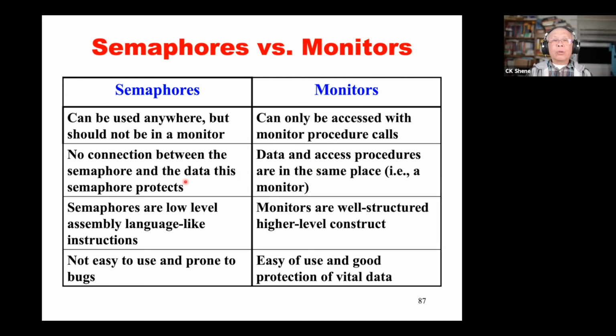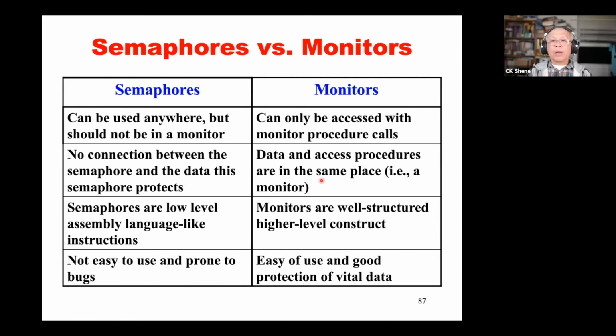So the programmer must make a connection. The connection is in the mind of the programmer. If someone is going to read your program, that someone may find it rather difficult to find the connection between the data and the semaphore used to protect the data.